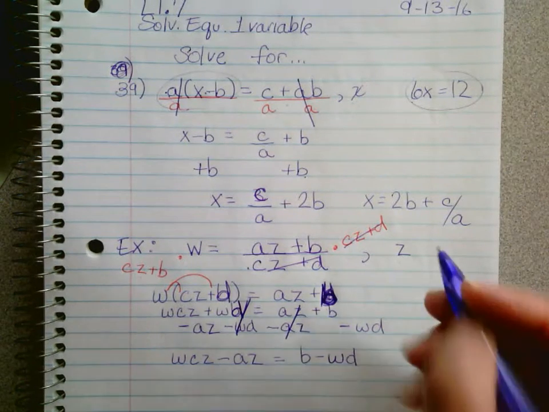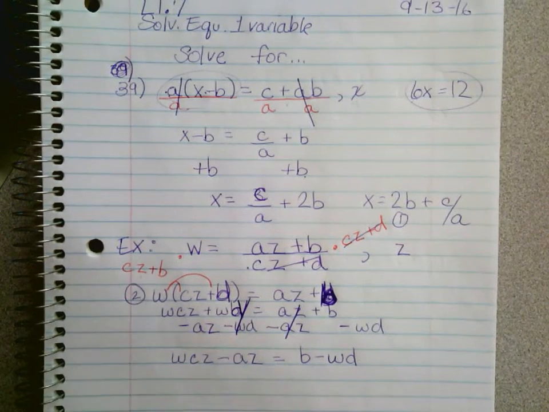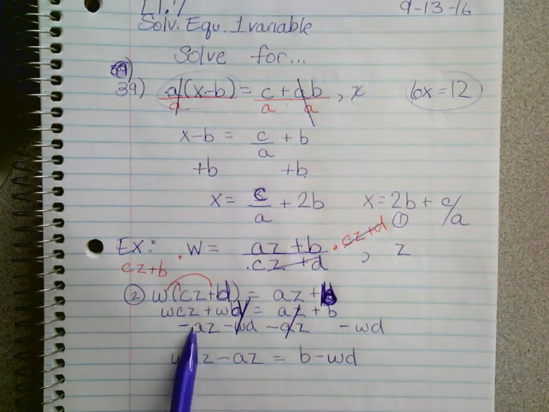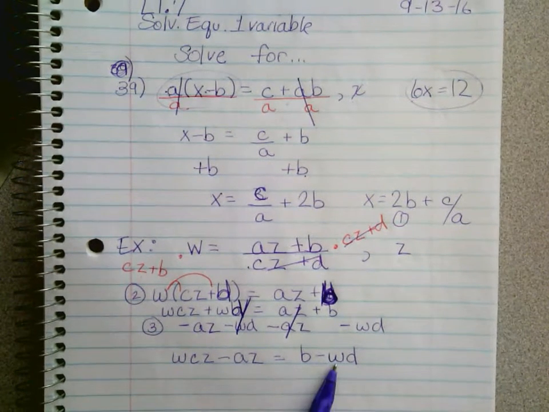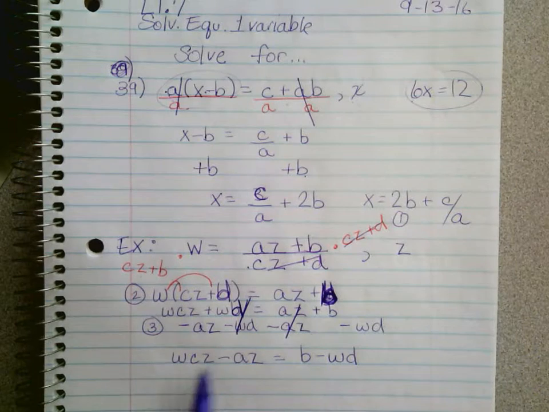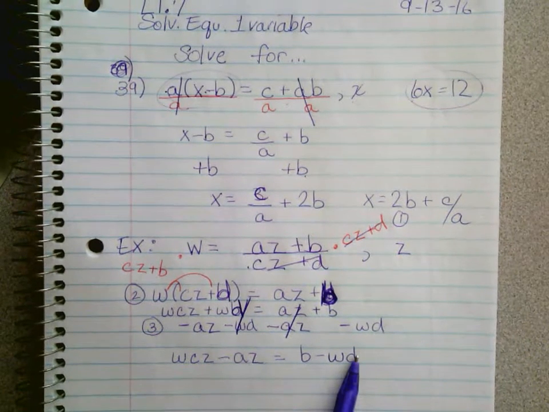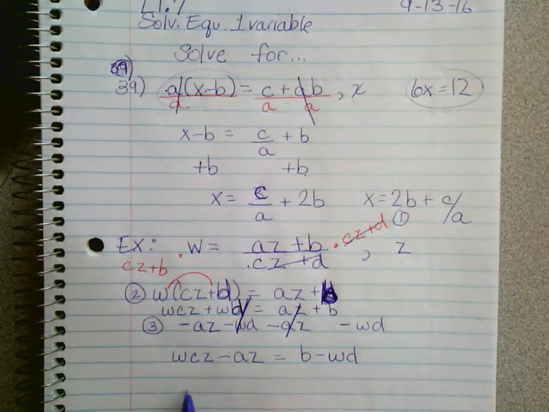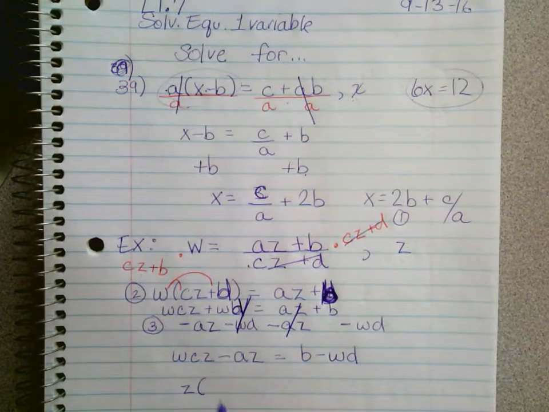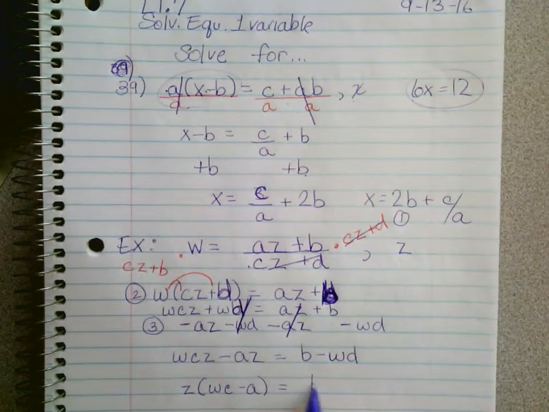So I did this first. I distributed second. I maneuvered AZ's and WD's third. And now here I sit. WCZ minus AZ and B minus WD. You can pull out your Z. You can factor it out. Z times WC minus A still equals the same thing.